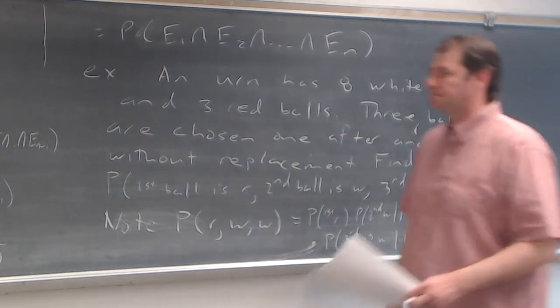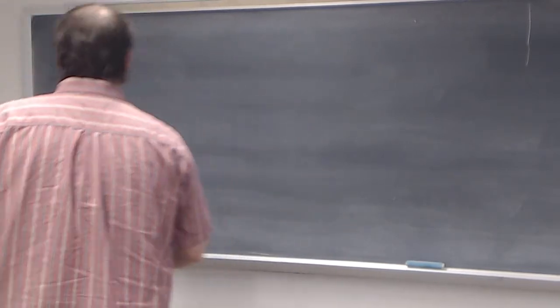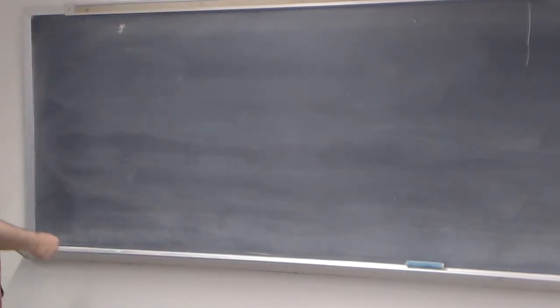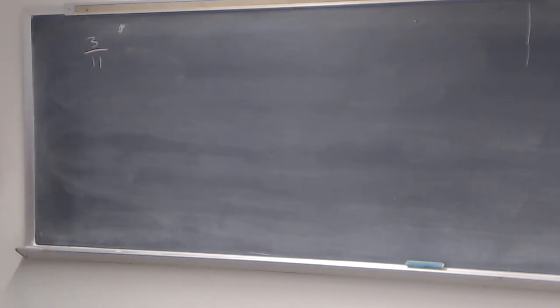And so, filling in numerical values for what we have. The probability that the first ball was red, well, there were 3 red balls, so it's 3 out of the 11 balls that are there.